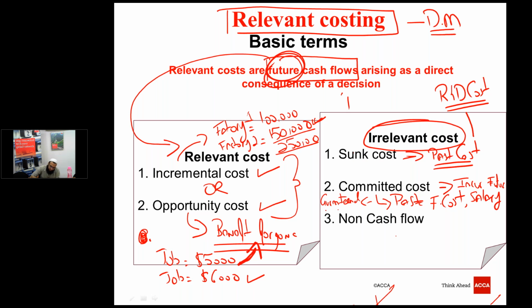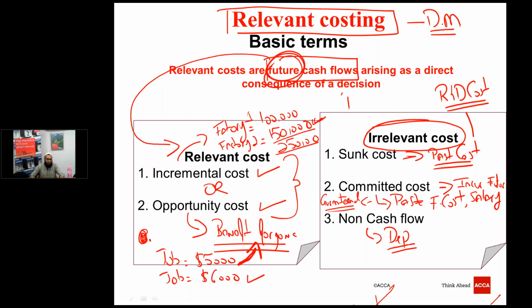In any case, you have to pay the guaranteed amount that you have promised. Even though you'll incur all those in future, the commitment has been made in the past. So that's irrelevant for decision making. And anything which is non-cash flow, like depreciation, will not be a relevant cost.